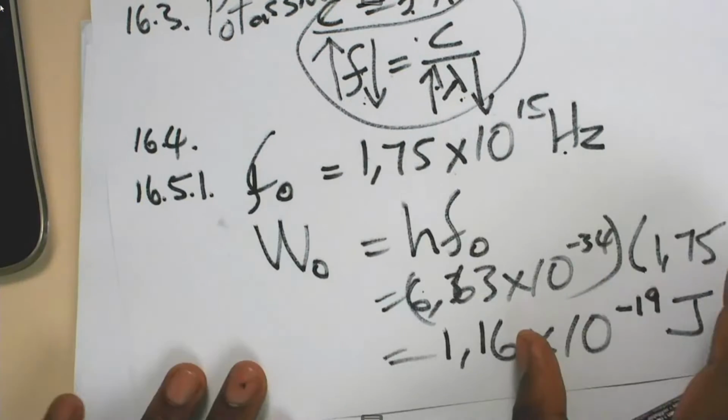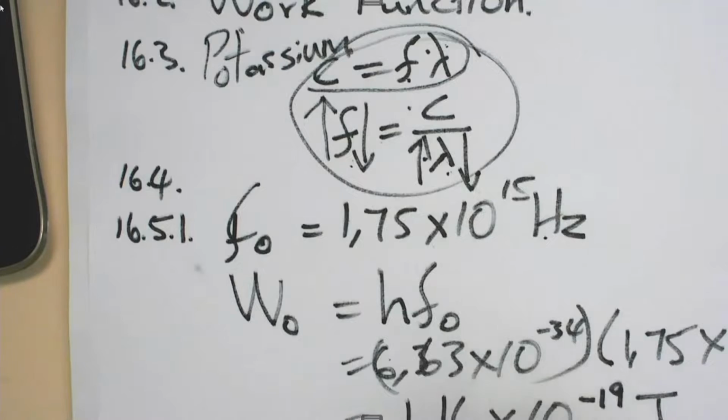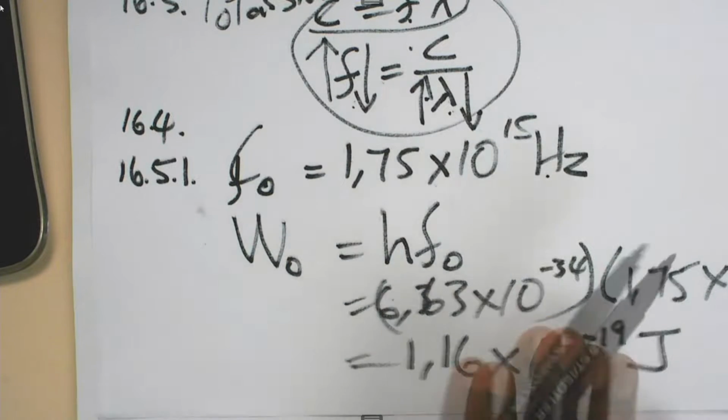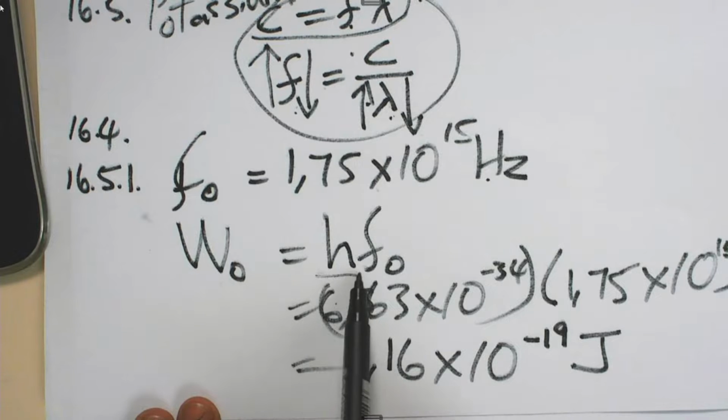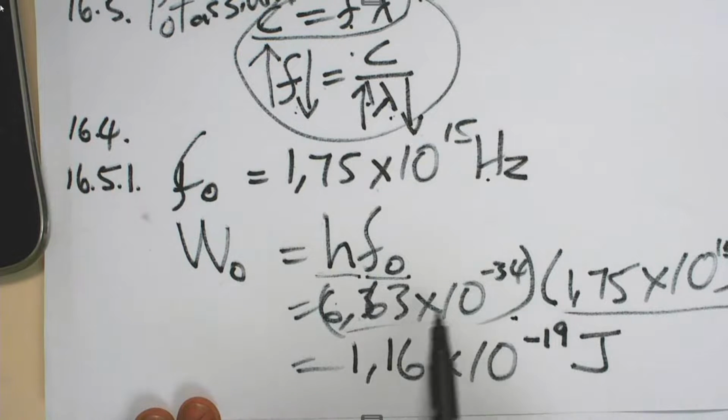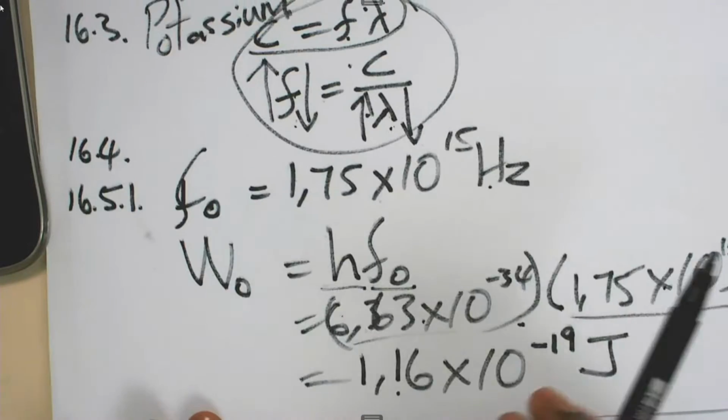Work function is given by Planck's constant multiplied by threshold frequency. We multiply the two, and we get our answer as 1,16 times 10 to the power minus 19 joules.